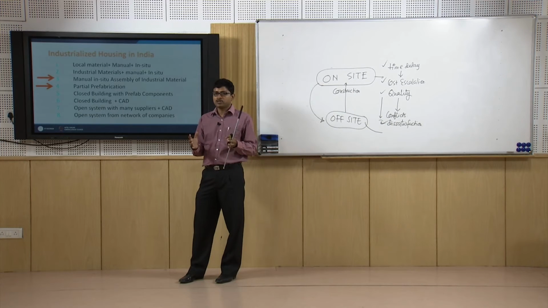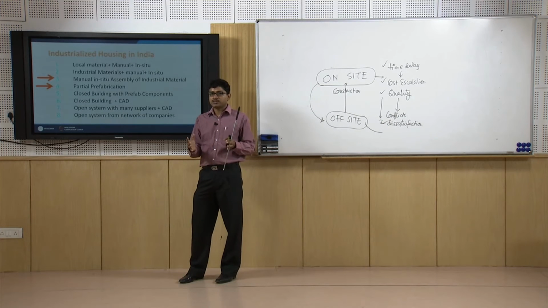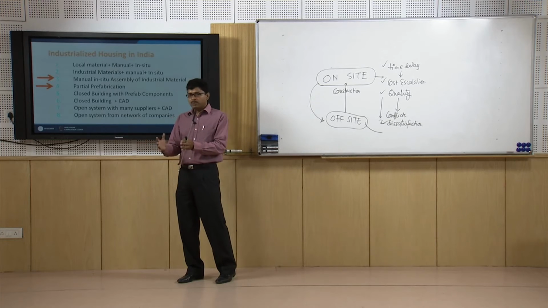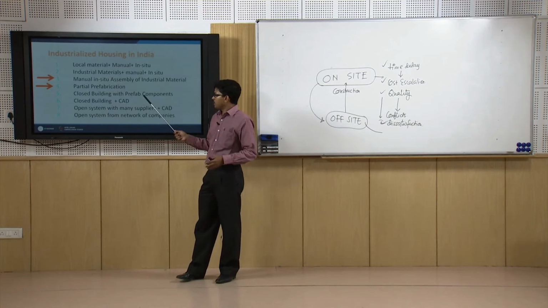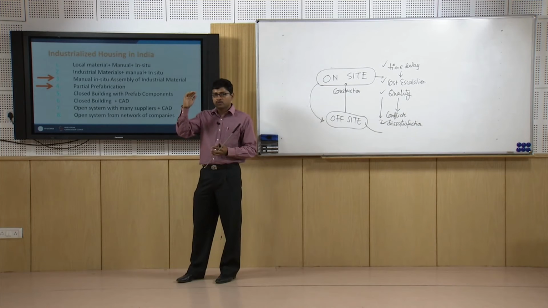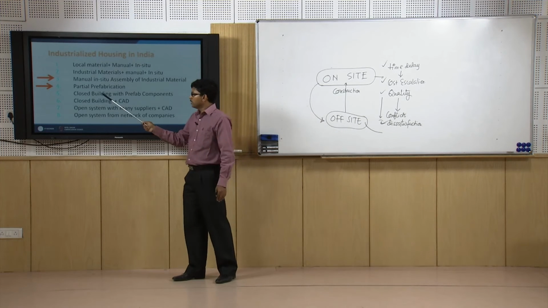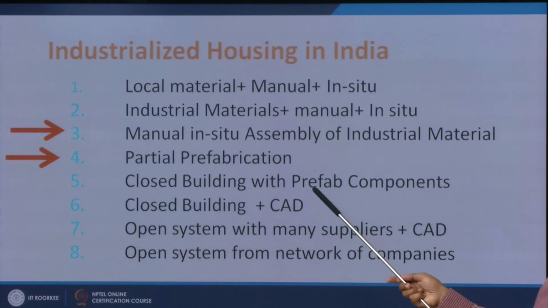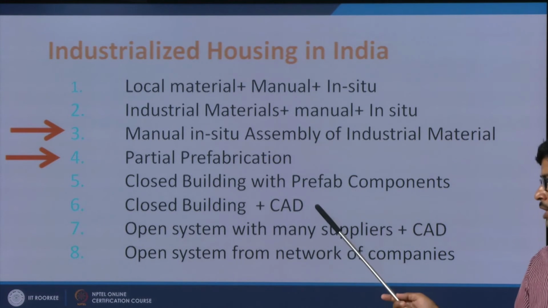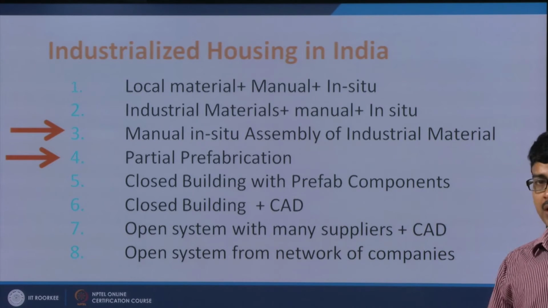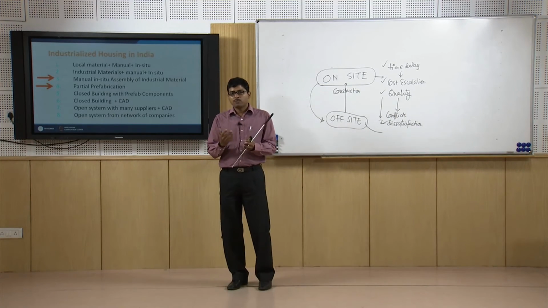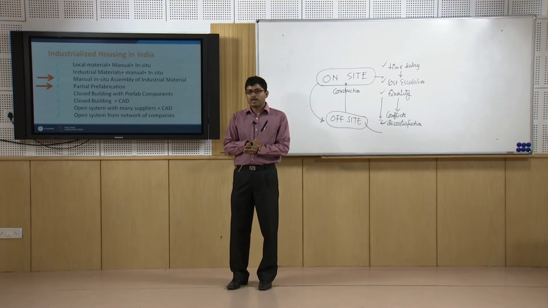That means whole houses will be developed, constructed and manufactured in the factory and supplied to the site at the given time and maybe assembled, and that is possible in the desired quality if it is done in a closed building system. Now, the closed building system needs integration with computer aided drafting and design, and this will lead to greater flexibility of the components integrated in a given platform, given formatting of the dimensions.